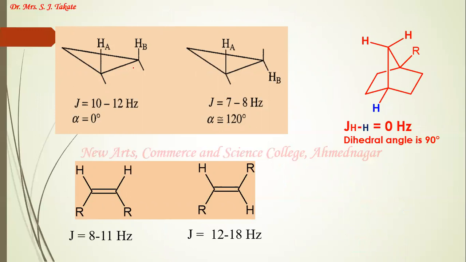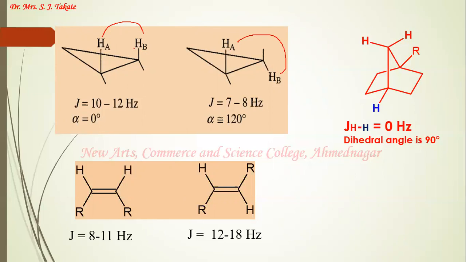A cyclopropane ring system is there, which is also a rigid ring system. It cannot undergo ring flipping. The hydrogens present on the adjacent carbon atoms, that is vicinal neighbors, can have a 0-degree dihedral angle with respect to one another, or they can have a 120-degree dihedral angle with one another.